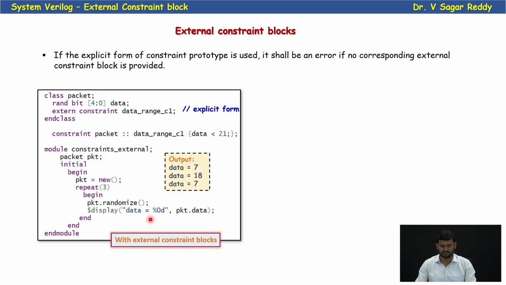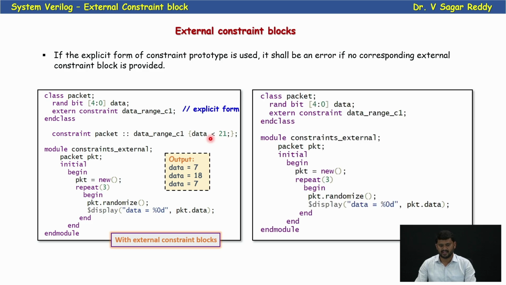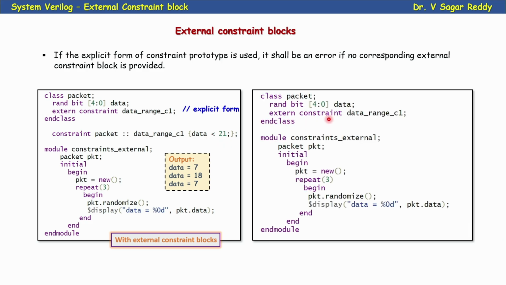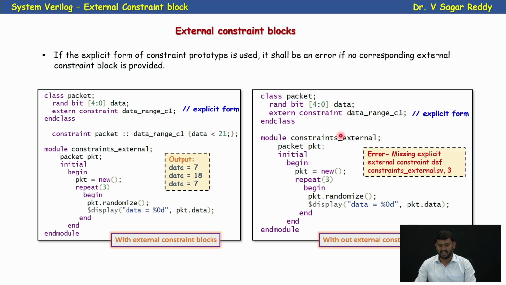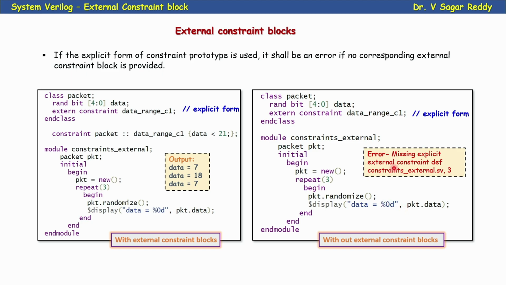Now if you see the output of this waveform, like this program: 7, 18, 7. What will be the condition? Data less than 21. Whereas if I declared this data range C1 as an external constraint using the keyword extern, and there is no external constraint block defined outside of the class, then when I try to randomize, we'll get an error: missing explicit external constraint block definition, constraint_external.sv.